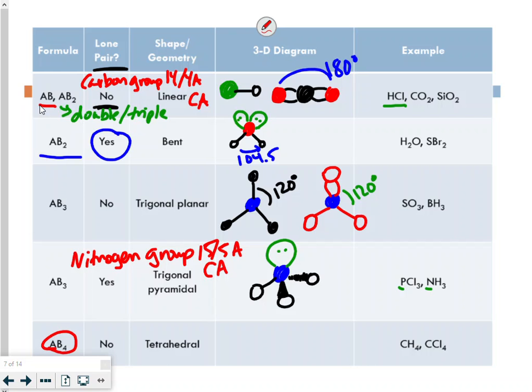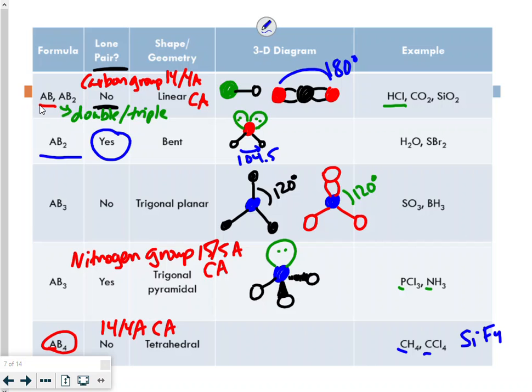What you will realize is these guys do not have lone pairs on their central atom. And what you're going to find too on these guys, most of the time they're going to be carbon group central atoms. So 14 or 4A central atoms here. 4 things attached. If you look over here, C and C, you could have SiF4, other things like that. 4 things attached, no lone pairs.